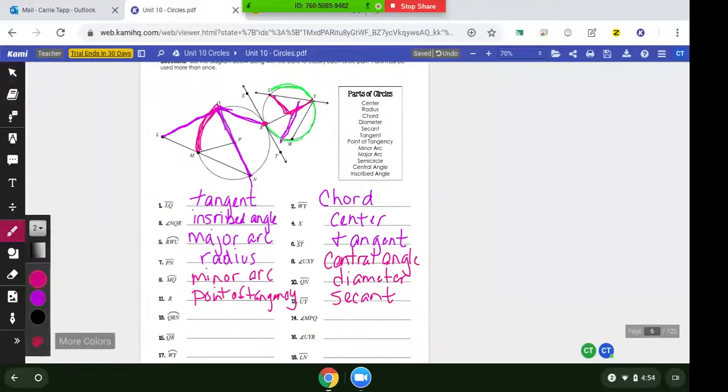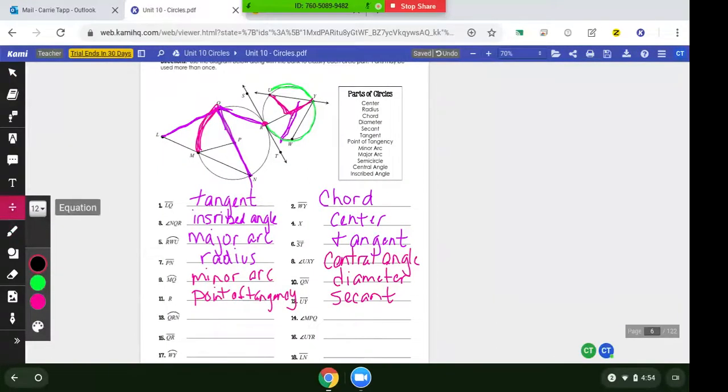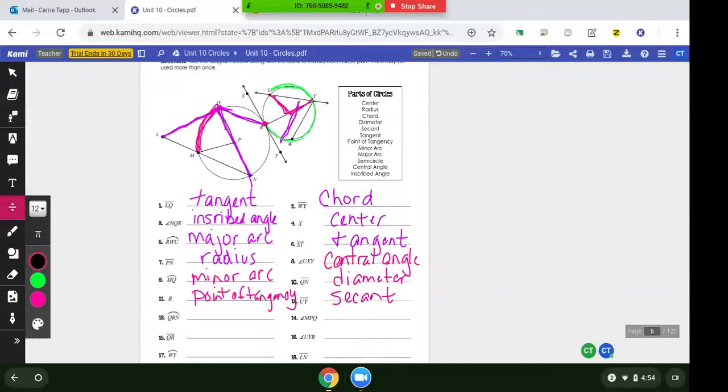Okay, let's see if I can find us a different color to highlight in here. Okay, so arc QRN. So again, you're gonna follow it around.